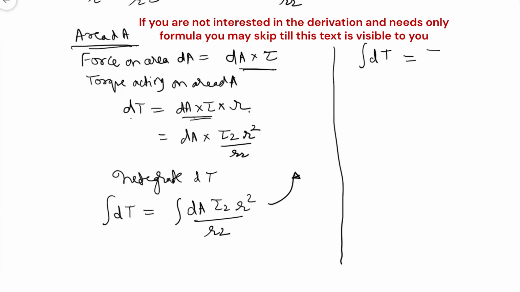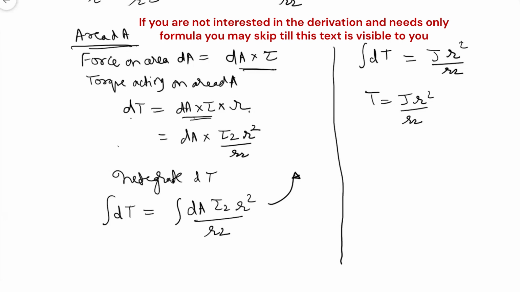So I can write here J R square upon R2. Is this much clear? Now integration of dT can be written as T. So T is equal to J R square upon R2.